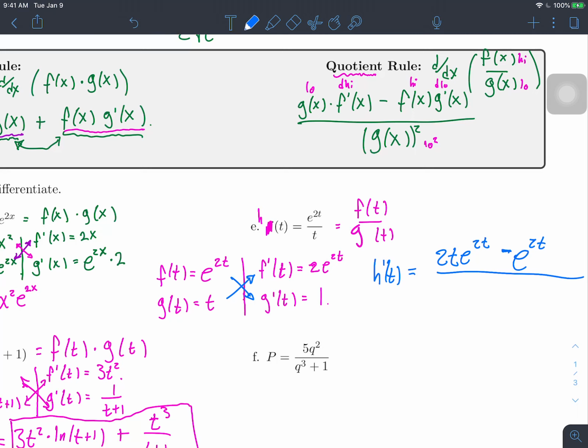Okay, so now let's divide by low squared. Well, the bottom function is t. So if I plug that in and square that, I just get t squared. If I take the function t and multiply it by the function t, I get the function t squared.